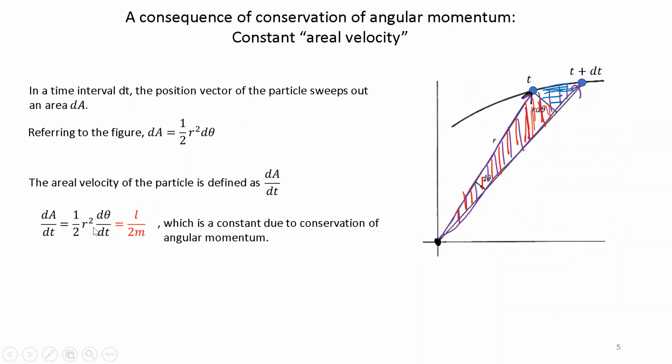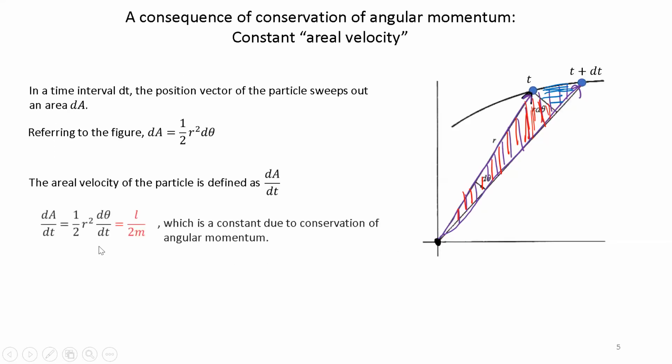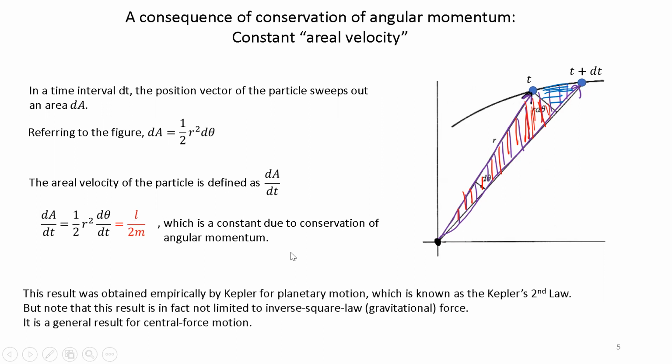And remember, this m r squared theta dot by itself is the angular momentum, a constant. So that's why this dA dt can be written as L divided by 2m, and that is a constant, due to conservation of angular momentum.